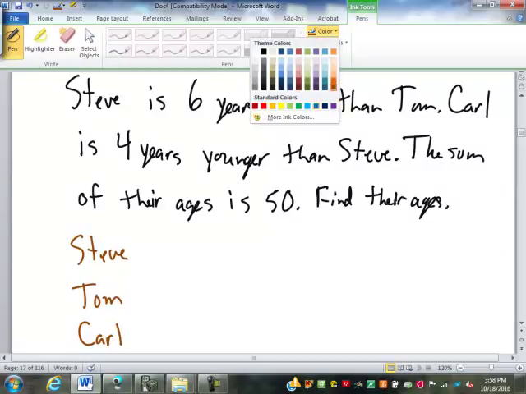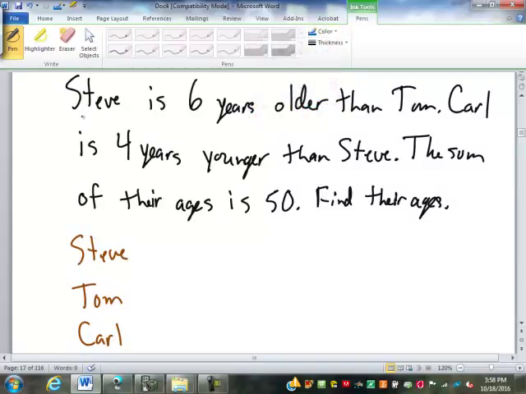Now we're going to start off with Steve is 6 years older than Tom. So what would that tell us to do? Well, we're going to define one of them to be X, or Tom, we'll call it just T for Tom. What are we going to do off of there? Steve is T plus 6. But here's the catch. Carl is not described in terms of Tom, is he?